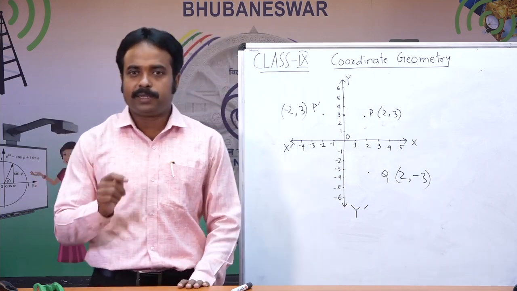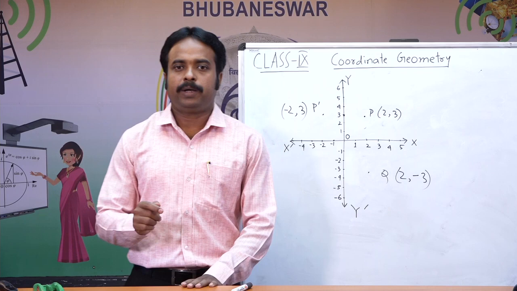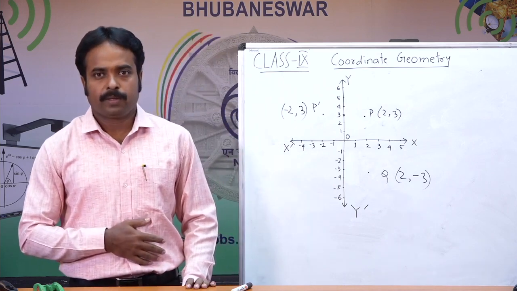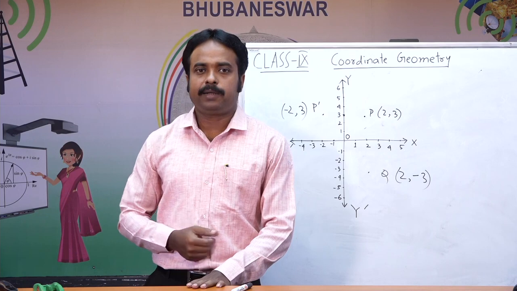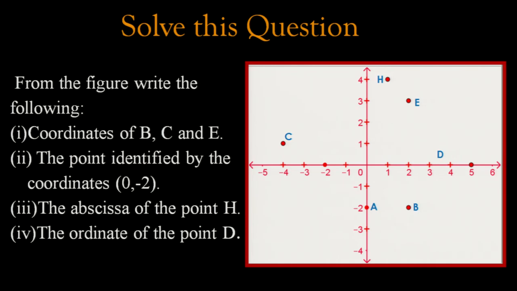Therefore, the coordinates of the point B are 2, -2. What are the coordinates of the point C? We have to go 4 units along negative y-axis, then 1 unit along positive x-axis. Therefore, the coordinates of the point C are -4, 1.